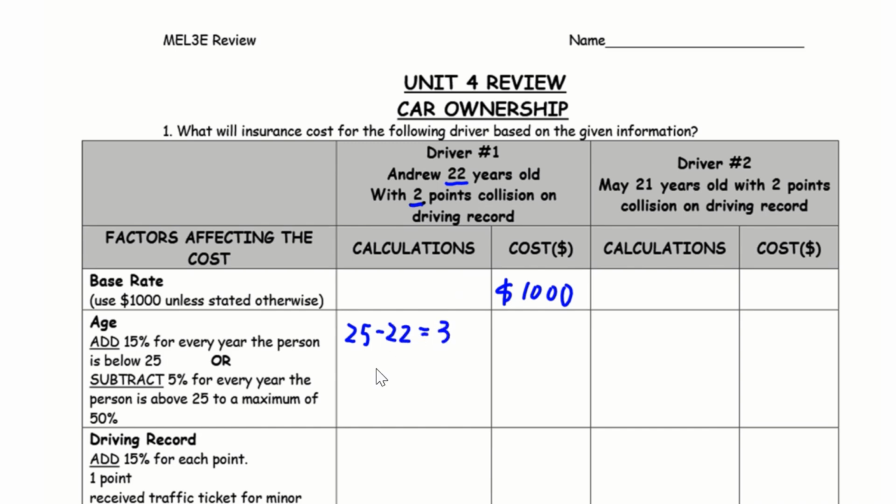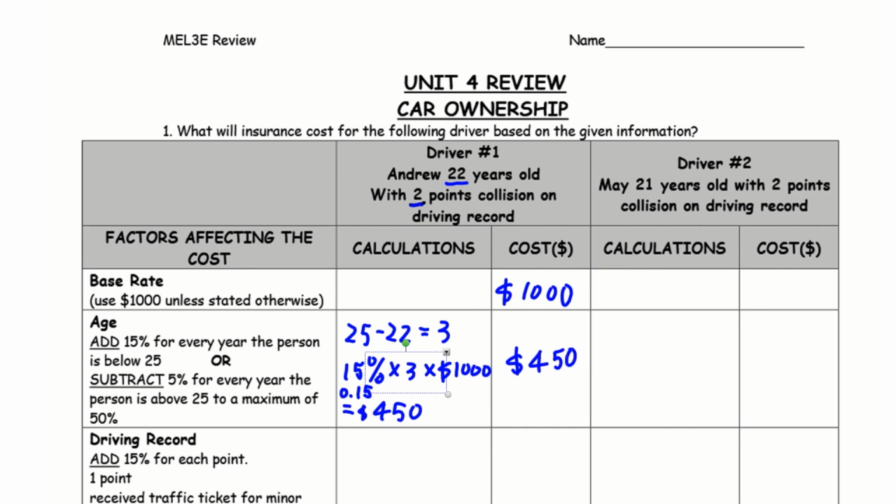Every year is 15%, so 3 years is 15% times 3, then times the base rate. 15 divided by 100 is 0.15. 0.15 times 3 times 1,000, we have $450.